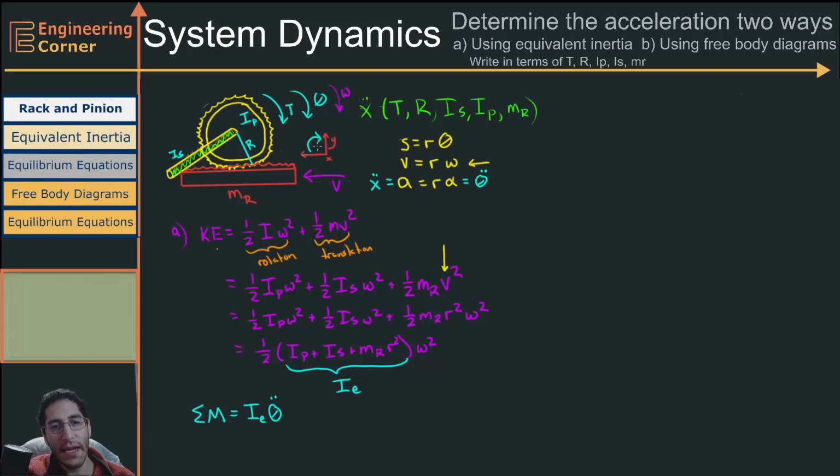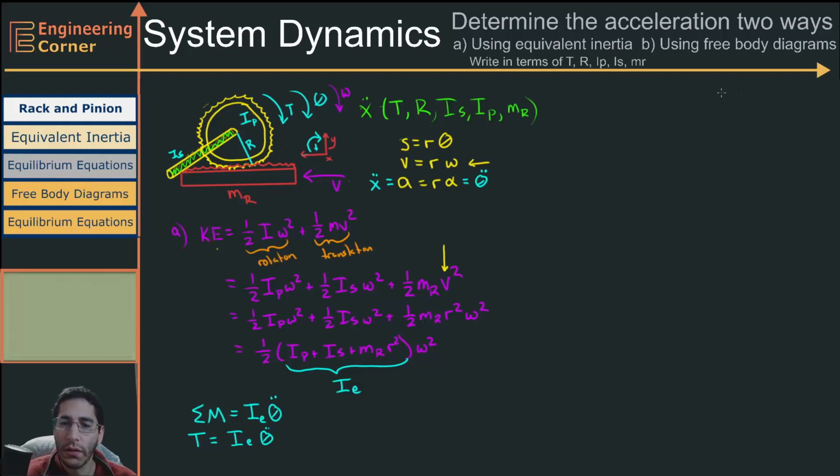So that means anything that's going clockwise in this case is going to confer with the right hand rule and is going to be positive. So we're going to have T is equal to I_E, my moment of my equivalent inertia, times theta double dot.